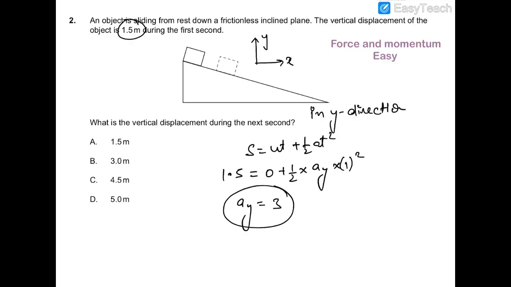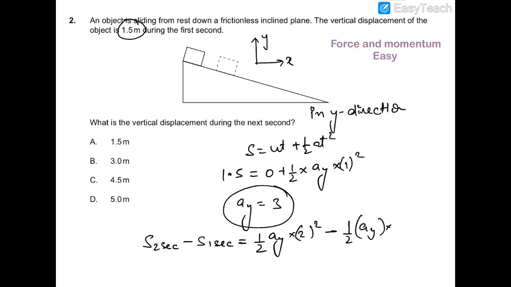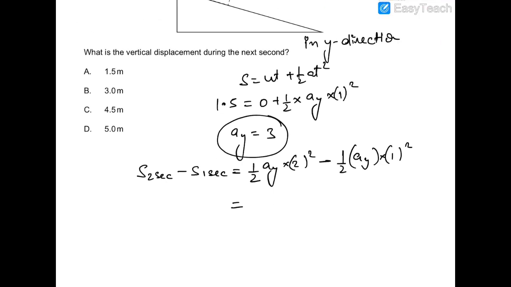Now we have to find out the vertical displacement of this block in the next second. So we'll find out the displacement in 2 seconds minus the displacement in 1 second. This will give us the displacement in the second second. In 2 seconds it would move half ay into 2 square, minus in 1 second it would move half ay into 1 square, and in the first second we already know that its displacement is 1.5.